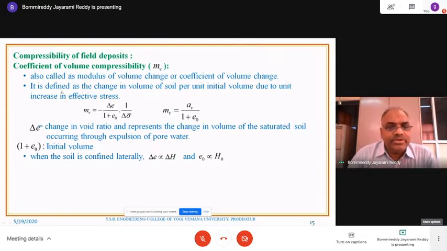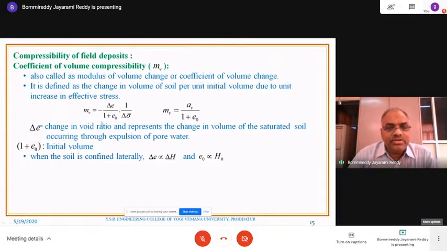It is defined as the change of volume of soil per unit initial volume due to increase in effective stress. So you can observe here, MV equals delta e over 1 plus e, where delta e is the change of volume and 1 plus e is the initial volume, due to unit increase in effective stress, delta sigma. Delta sigma means sigma 1 minus sigma 2.